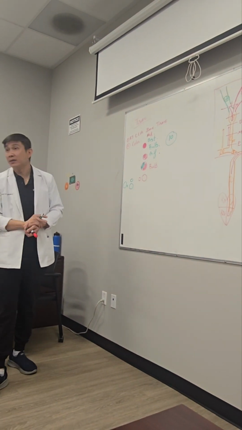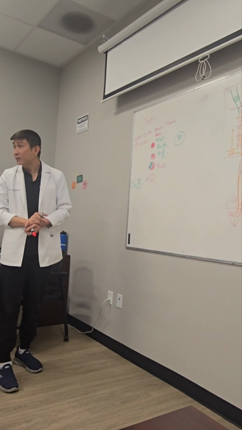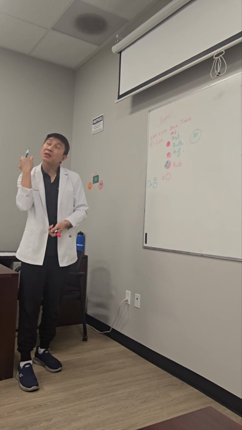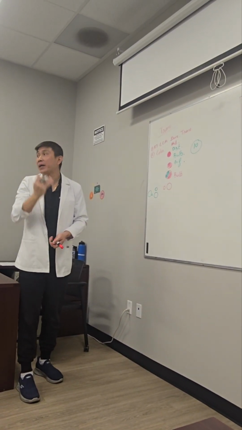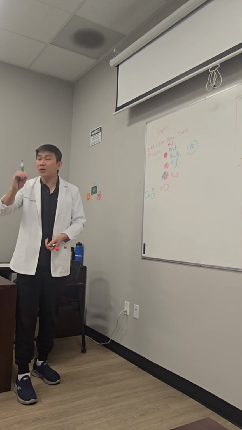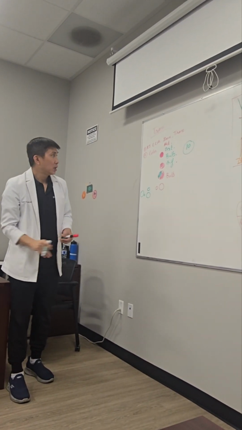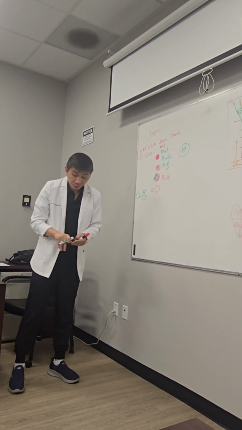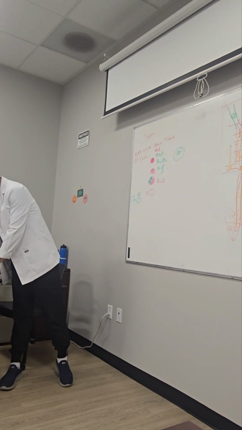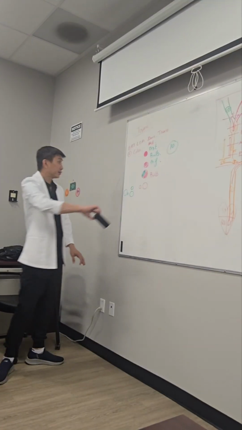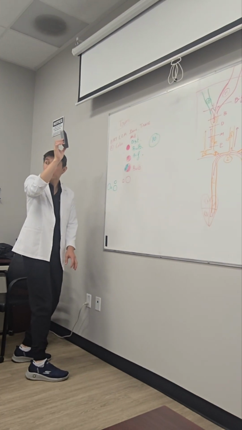Everyone good with transverse? Yes. Proximal, mid, distal CCA, the bulb, and the bifurcation. Transverse, B mode, color mode. Easy. And now, we're done with the transverse. You guys good?